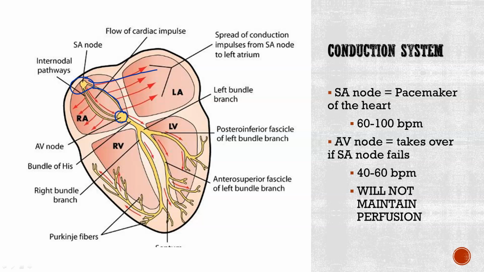And again, what we're looking for, hopefully, is an inherent rate, since it's starting in the SA node, of 60 to 100. But we do know, again, if that SA node fails, the AV node can take over, and it has an inherent rate of about 40 to 60. Unfortunately, that's not going to be enough to maintain enough cardiac output. We're not going to be able to perfuse as effectively.